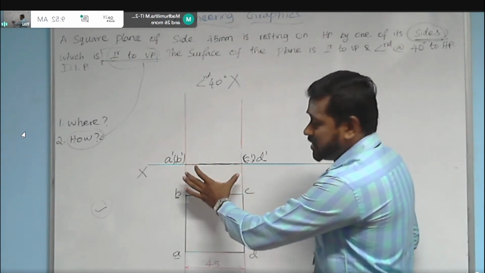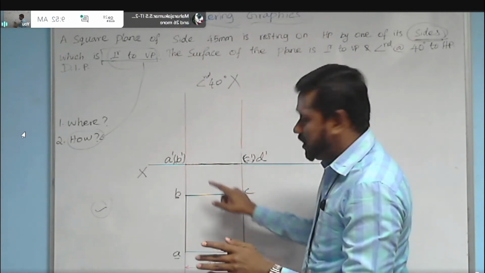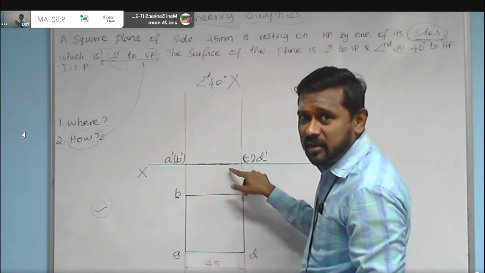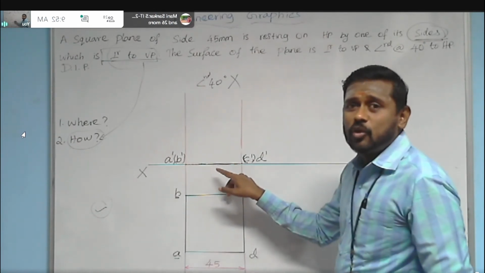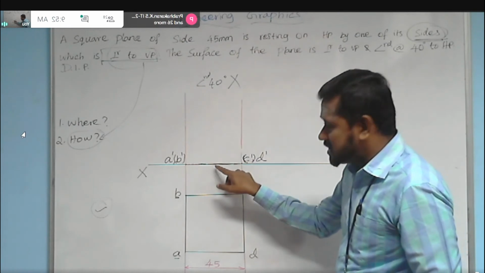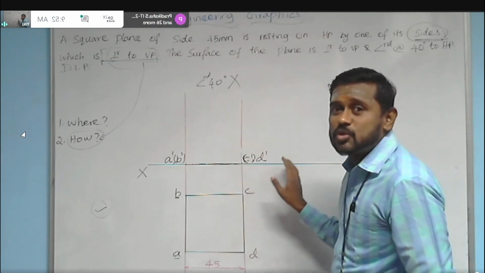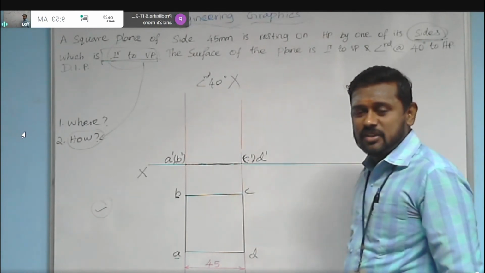This straight line is now parallel to HP, and the angle between the line A dash, B dash, C dash, D dash with HP is 0. But what you are going to do now is make this line inclined at 40 degree to the XY line, in order to consider the angle of inclination with HP.